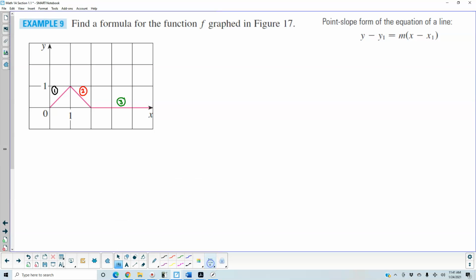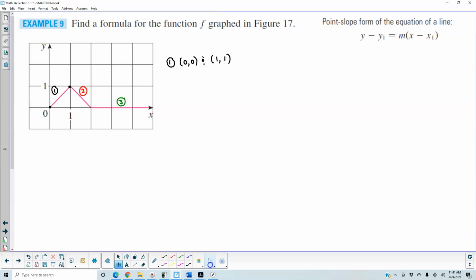So if we take a look at the first line, it has a point here and then here. So let's call this the first one. The first one has an ordered pair at (0, 0), and it has a point at (1, 1).